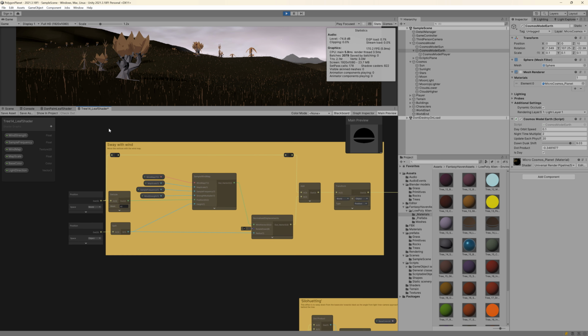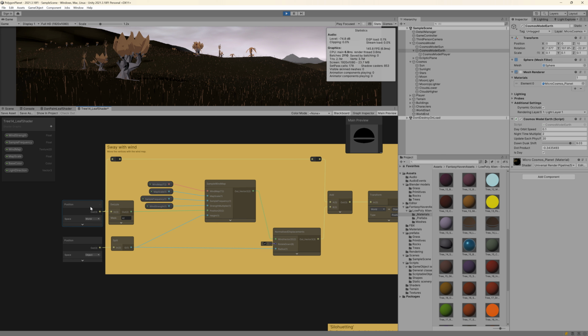So the swaying motion of the vertexes, we're taking world position and object space. We're using the vertical component of object space, feeding that in as the height to this subshader that I've written. We're taking the lateral position only, not the elevation, so X and Z of its world position, as our sampling point of the texture.